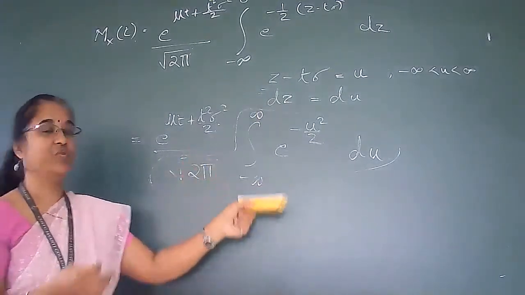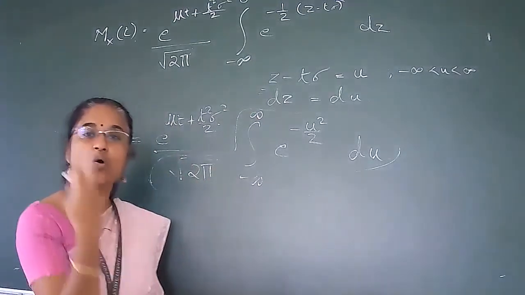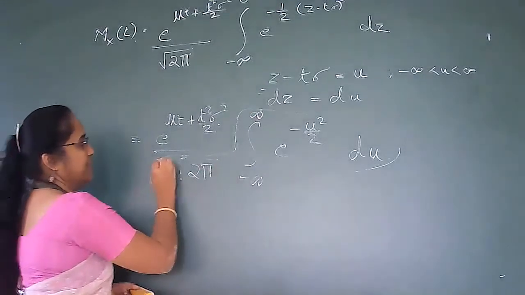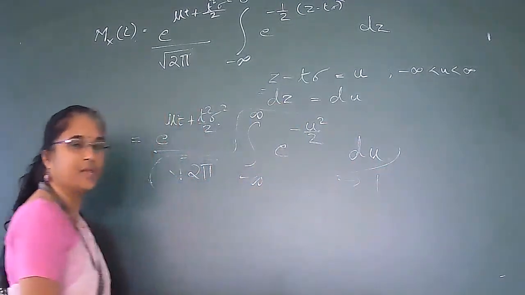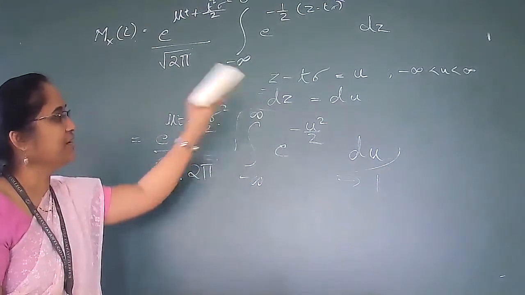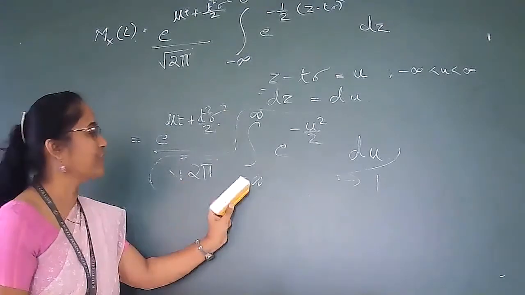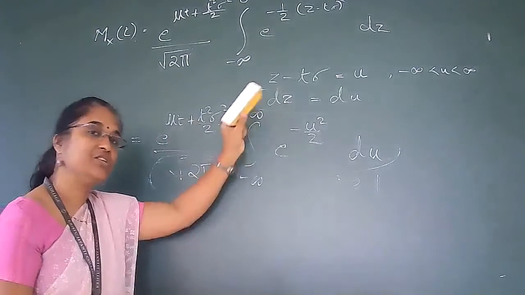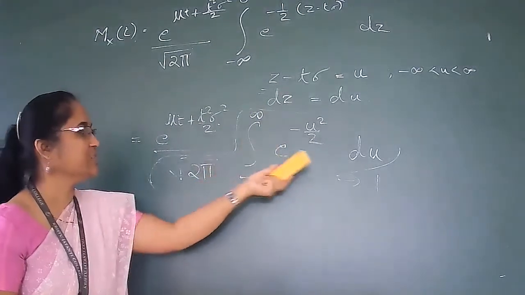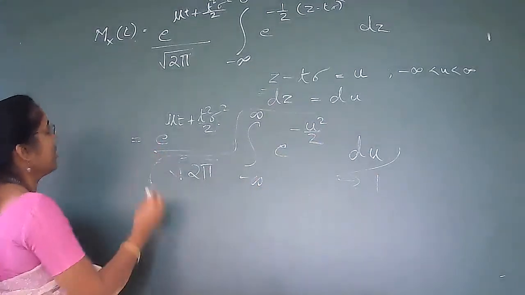We know that over the entire range, the integral of the PDF is equal to 1, so this entire thing is equal to 1. When I'm integrating from minus infinity to infinity, I'm taking over its entire range. The area under the curve is equal to 1, and therefore this term vanishes because it's equal to 1.